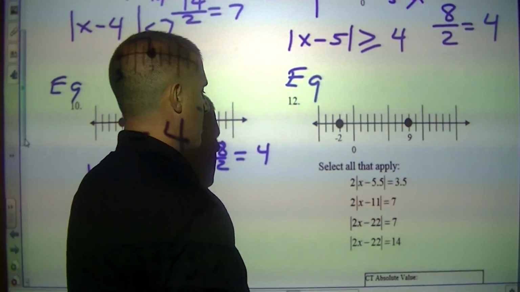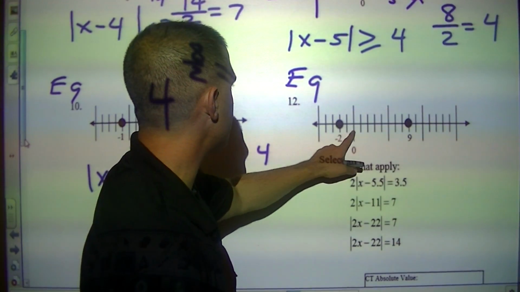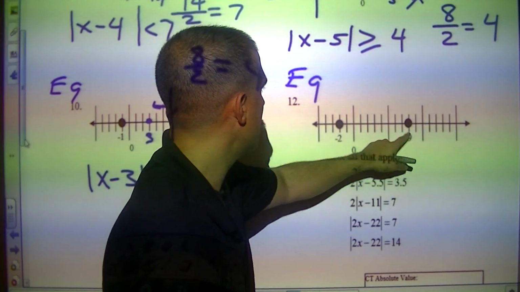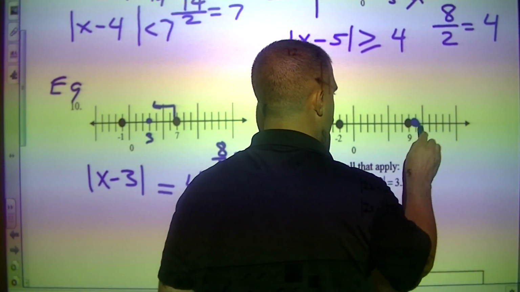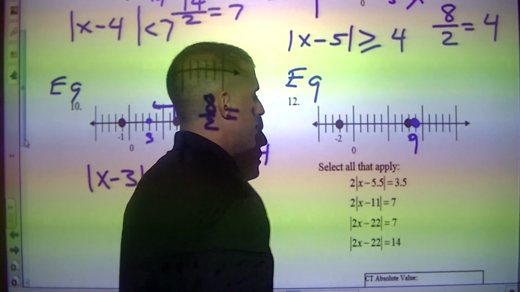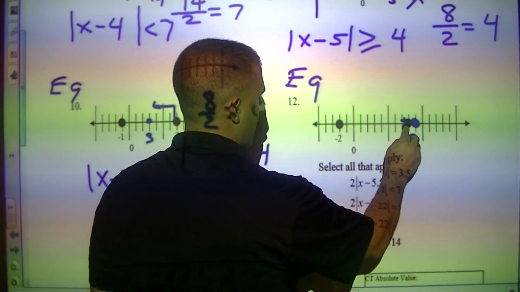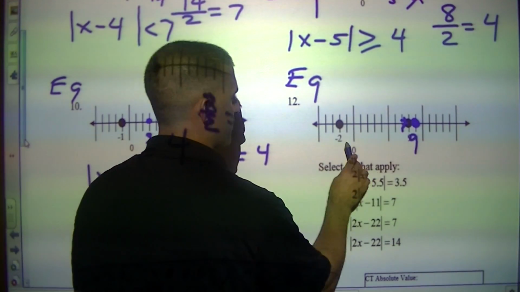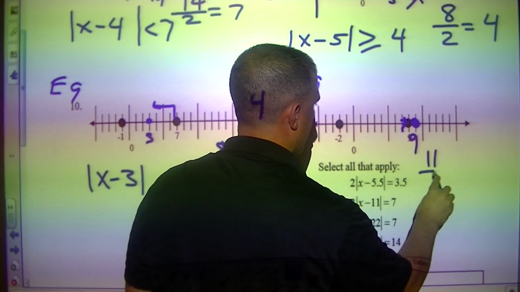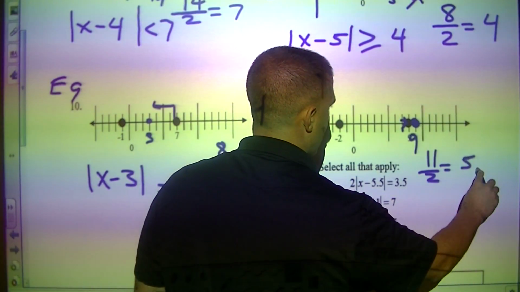All right, something's not right there. I don't think there's a mistake. 1, 2, 3, 4, 5. Okay, this should actually be over here. Just to let you know, that should be at 9. So ignore that dot for a second. I was wondering why there was a mistake there. So that's going to be 11. 11 divided by 2 is 5.5.